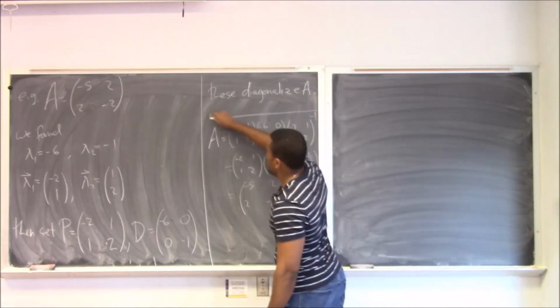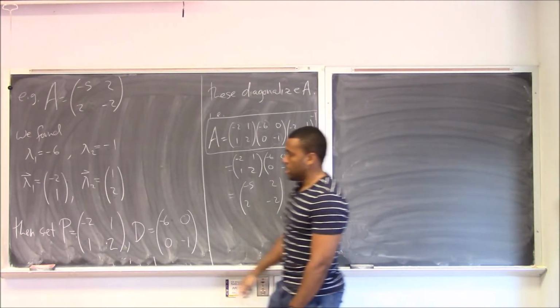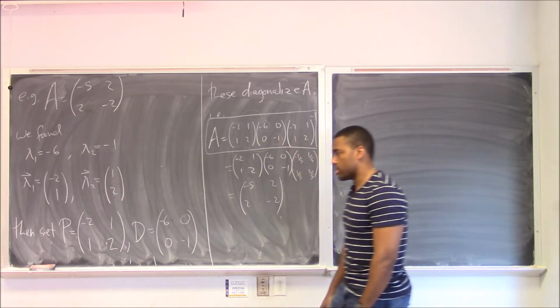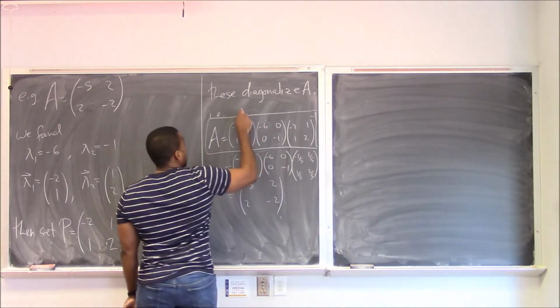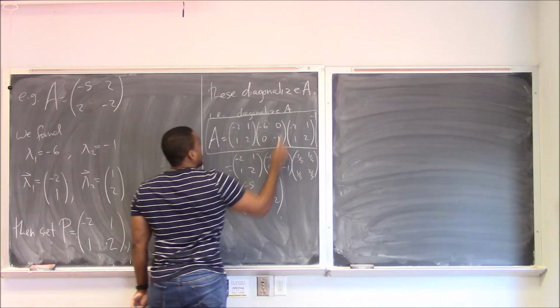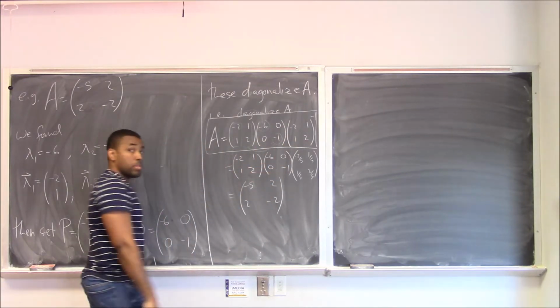Yeah. You can say that, or you can tell me this matrix diagonalizes A, and this is the diagonal matrix. So here, this is the diagonalization of A. You're writing A as some matrix times the diagonal matrix times the inverse of that matrix.